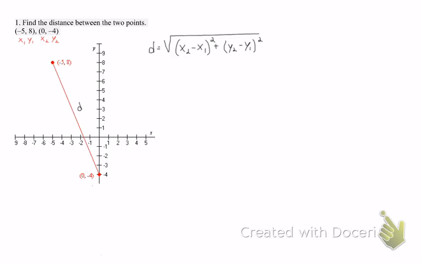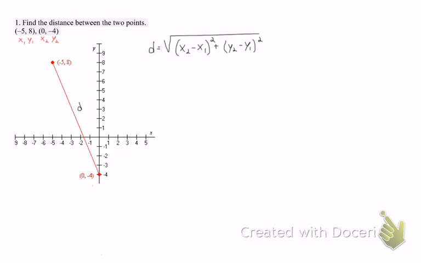Now we have to remember that as long as we're consistent with naming our points, it doesn't matter if our (-5, 8) is our x1, y1, or if the (-5, 8) we choose to be x2, y2. As long as we are consistent with our x and y coming from the same point.